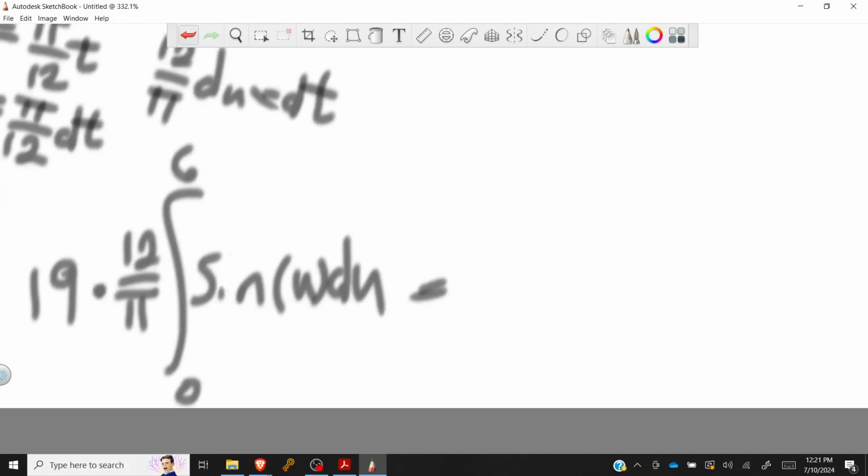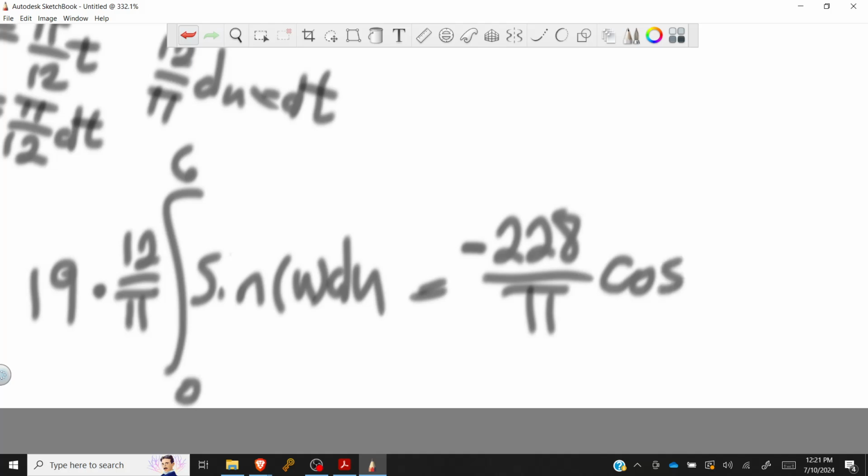And that's going to be equal to, what is 19 times 12? 228. So we have 228, but it's going to be a negative, right, from cosine. 228 over pi cosine of u, evaluated from 6 to 0.